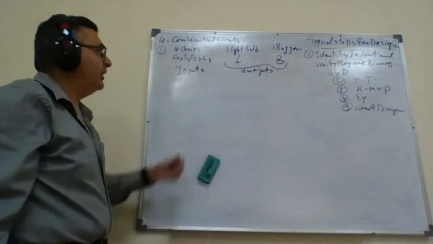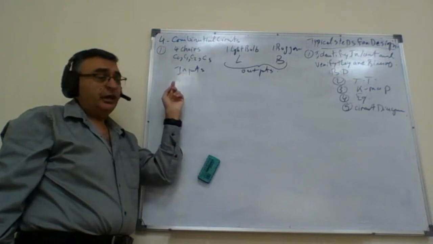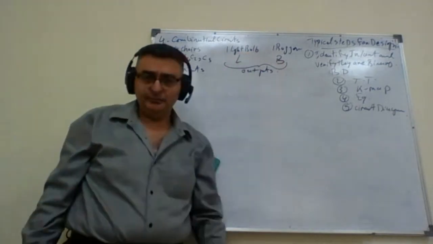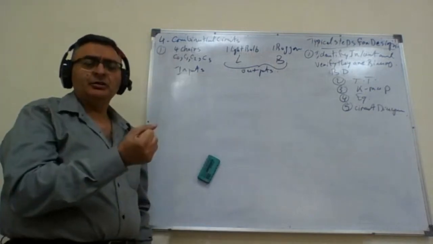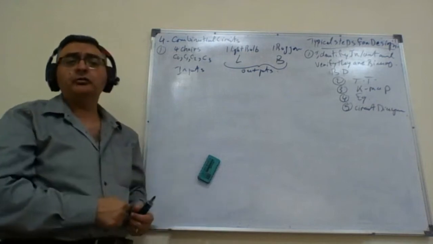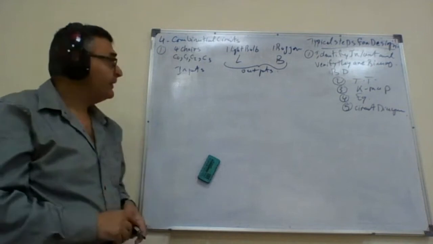So in this problem, how many inputs do I have? I have 4 chairs. How many outputs? I have 1 light bulb and 1 buzzer. You know what a buzzer is? A buzzer is making sound, like the horn of your car. This is the buzzer, something to make sound.